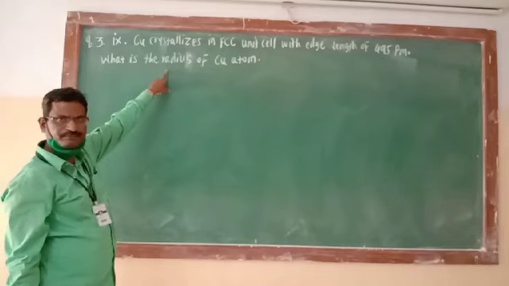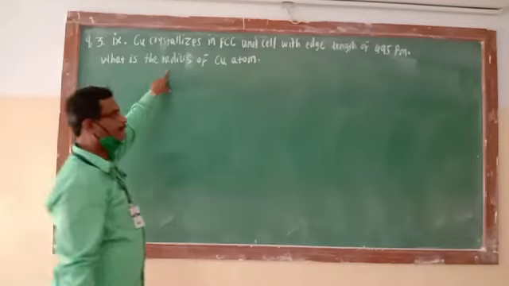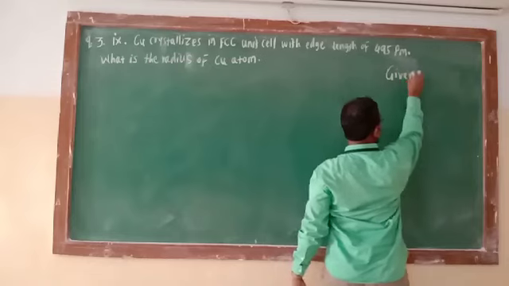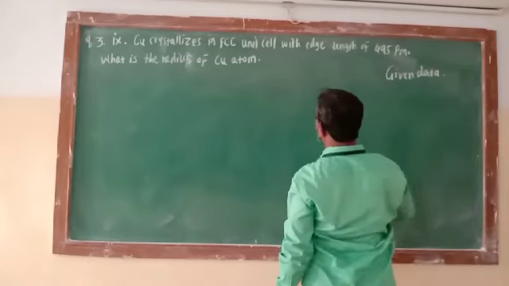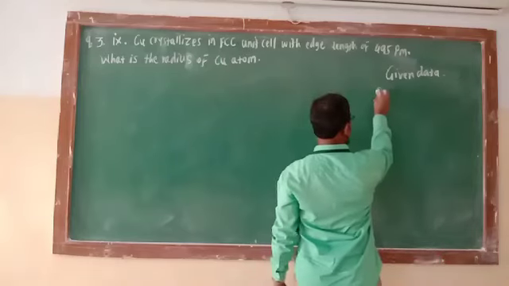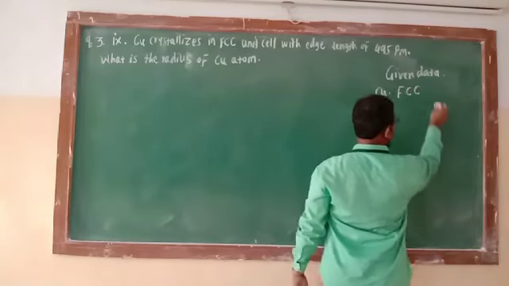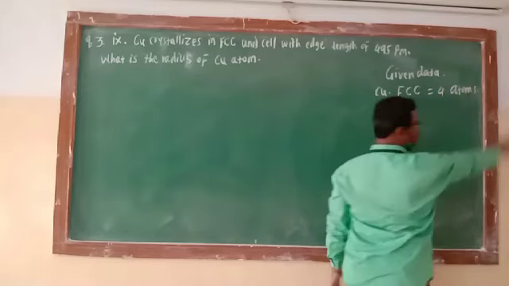Very simple. Just now we have studied problem number 4 also, of the same type. What is the given data for this problem? The structure is FCC. Copper crystallizes in FCC, where 4 atoms of copper are present.